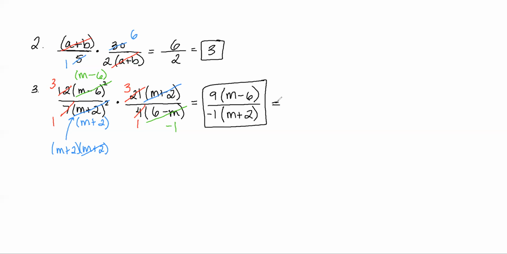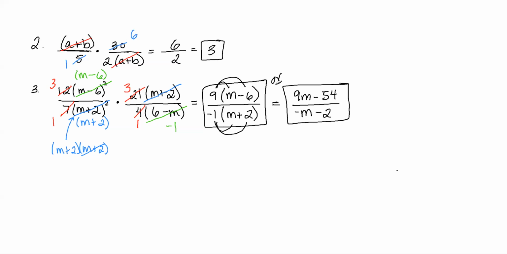The other thing we can do is distribute this in. So if I were to distribute, we would get 9m minus 54. And on the bottom, distribute in a negative 1, we get negative m minus 2. Either of these are correct.